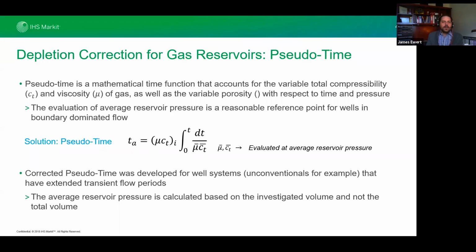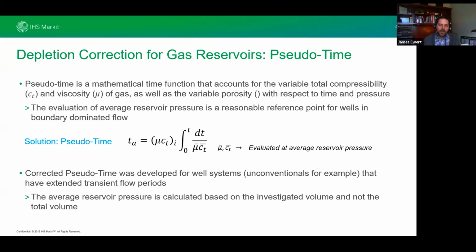We have just talked now for 20 or so minutes about average reservoir pressure, getting rid of it. RTA cares about initial pressure, wellbore flowing pressure. We're having a great time. When it comes to gas, when we're trying to estimate what the compressibility is doing at a certain time, or what viscosity is doing at a certain time, what we need is we need to estimate that at an average reservoir pressure.